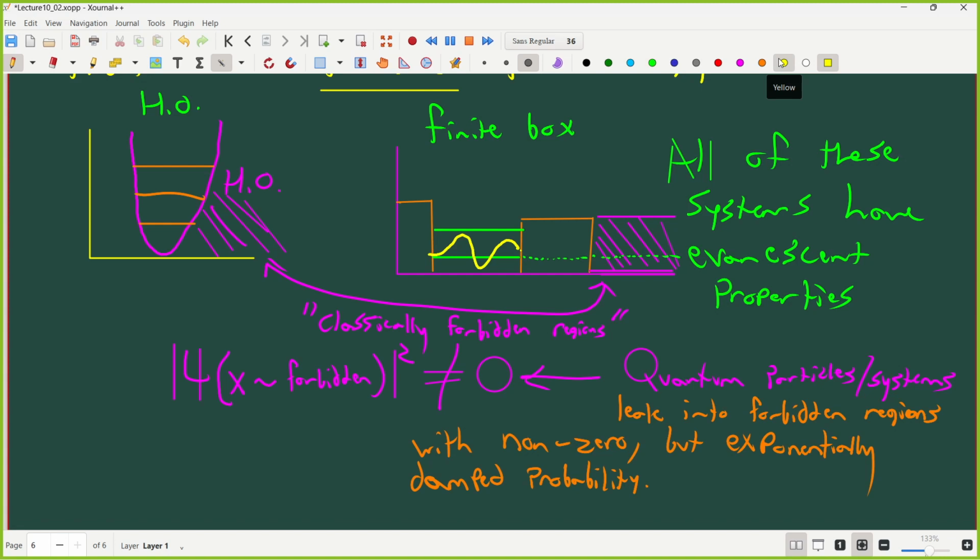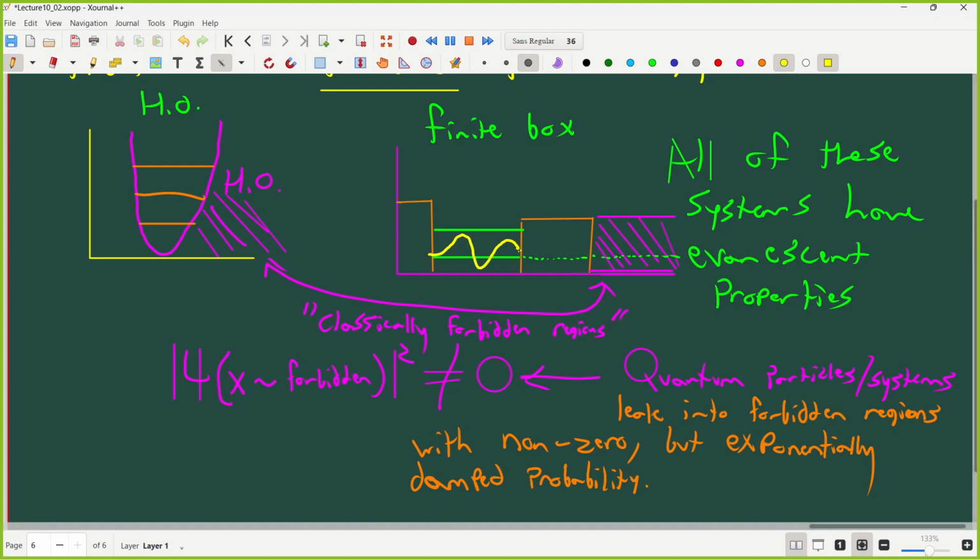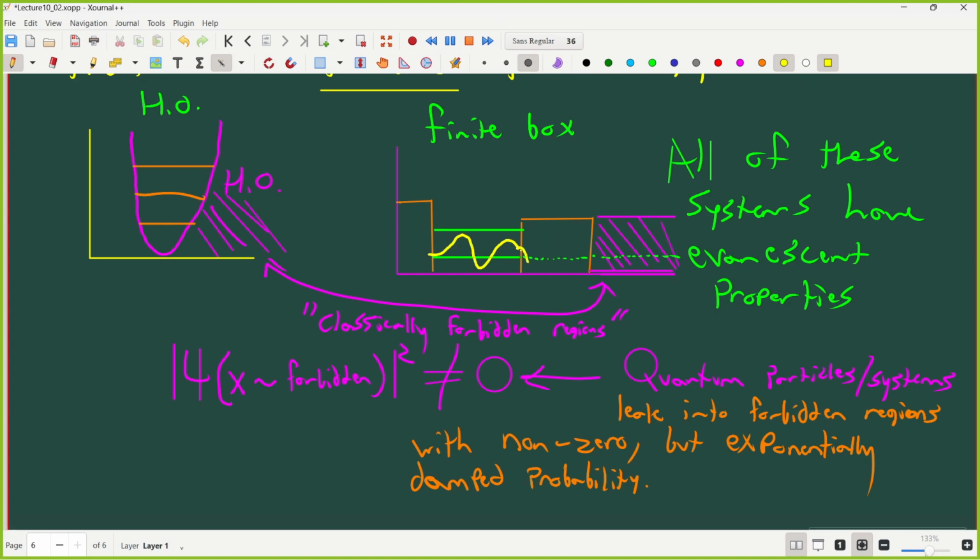The question is, is there any amplitude of the wave function out here, past the walls of this box, the orange walls of this box? Well, the fact of the matter is there is, and it's exponentially damped, like I said. So the wave function enters in, oscillates, but the amplitude of the oscillation exponentially decreases.